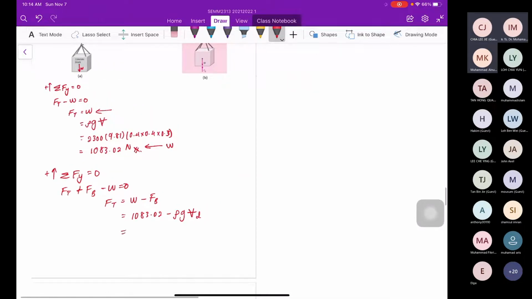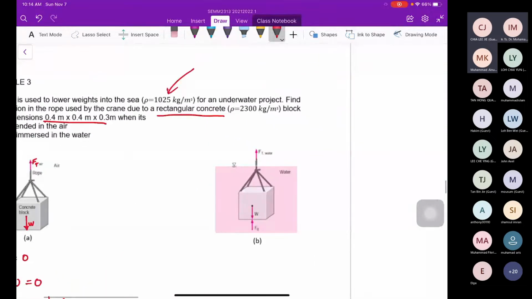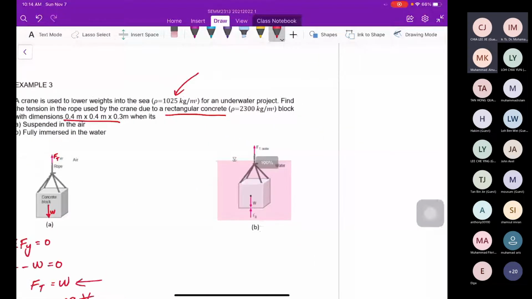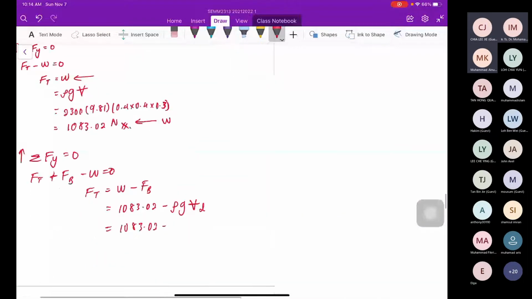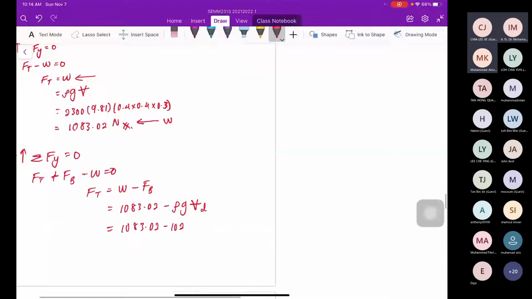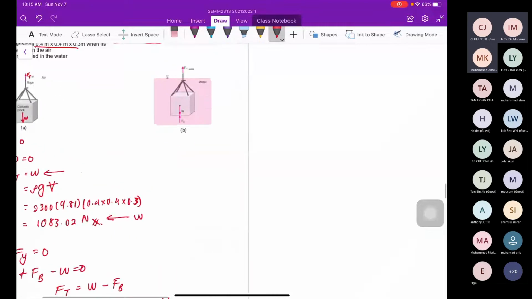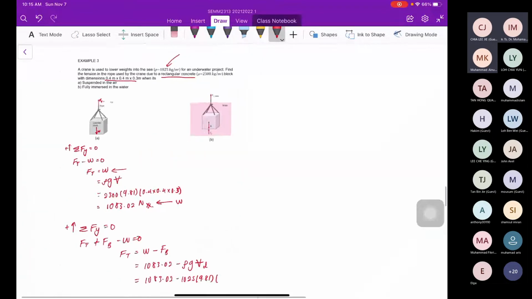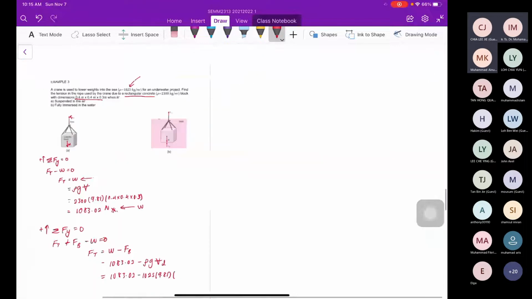So, 1083.02 minus the rho of water. Okay, the rho of the sea water is 1025, gravity 9.81. And then the displaced volume is 100%, which is 0.4, 0.4, and 0.3 meter.